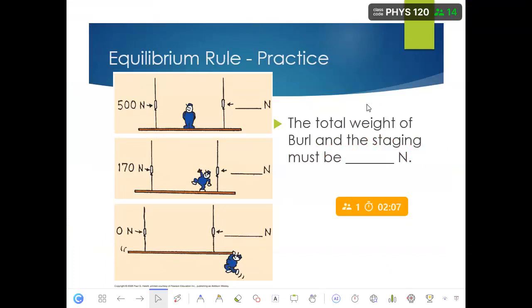So far, you know what is the force of gravity, yes? Okay, 1 minute.